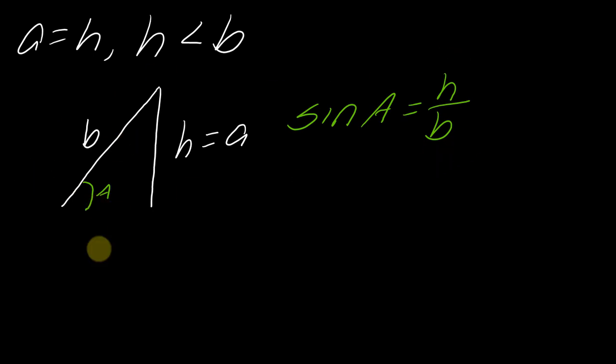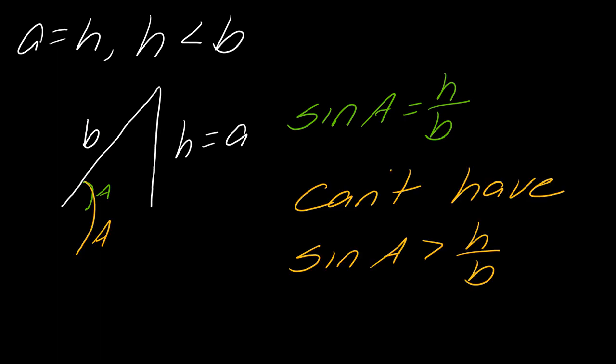So I've just written how this all has to go. In case you were wondering, why do I know that A has to be this side? Why can't A be some giant angle like this? This can't happen because the height is equal to A, so we know this creates a right triangle.